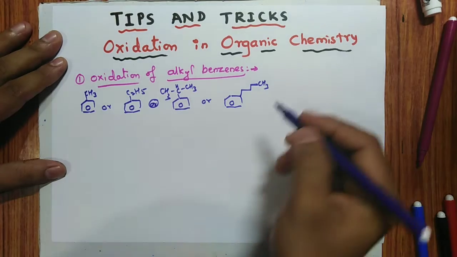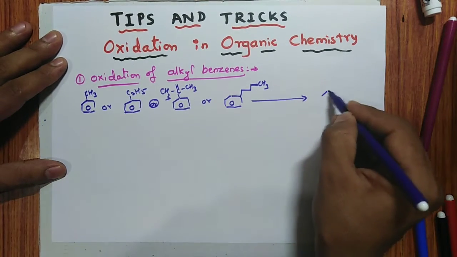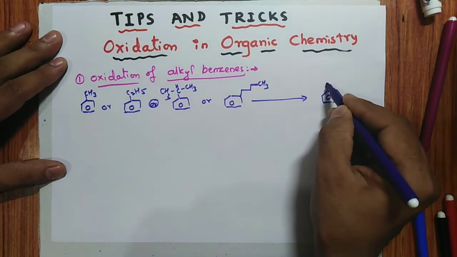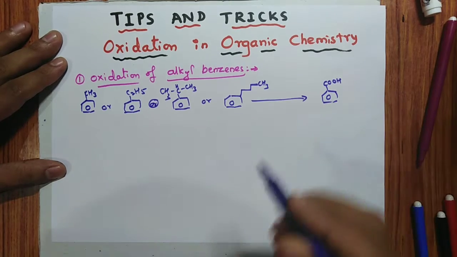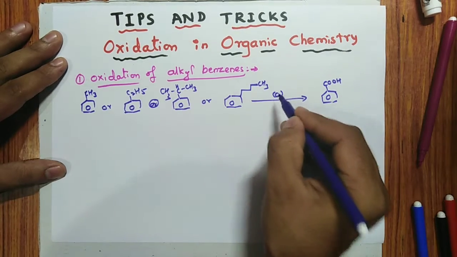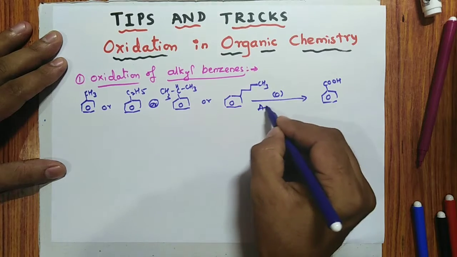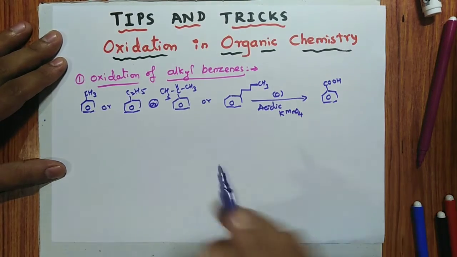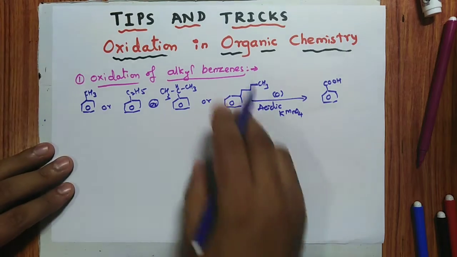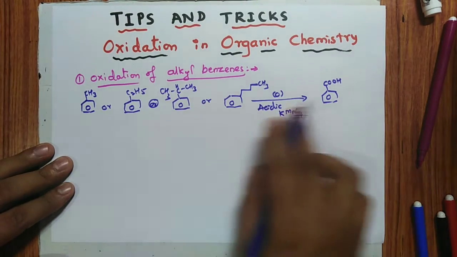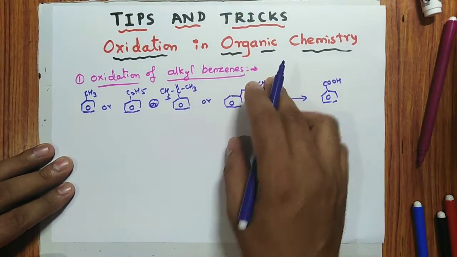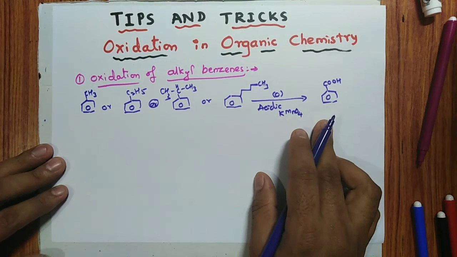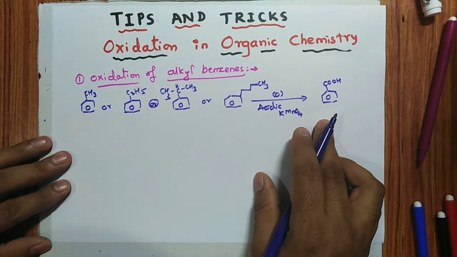All these can oxidize to carboxylic acid, that is COOH, in presence of the oxidizing agent, that is acidic KMnO4. Very important: whatever long chain is attached to benzene is converted into the carboxylic acid, benzoic acid.